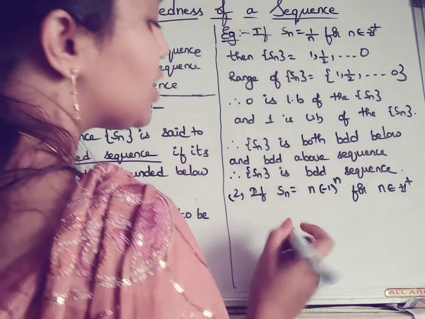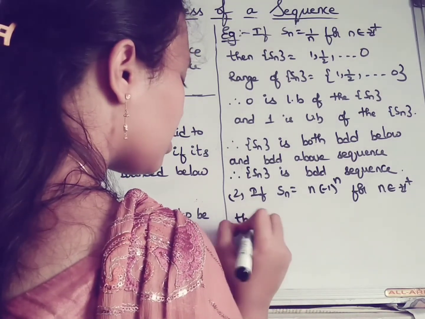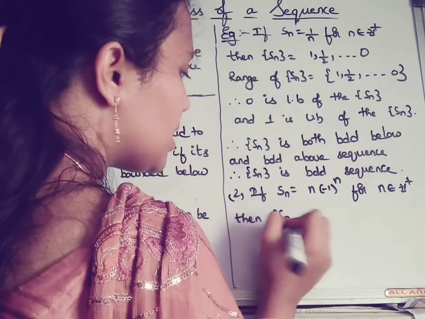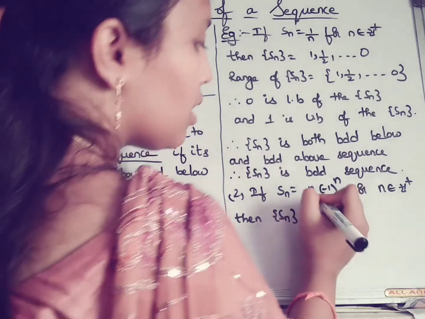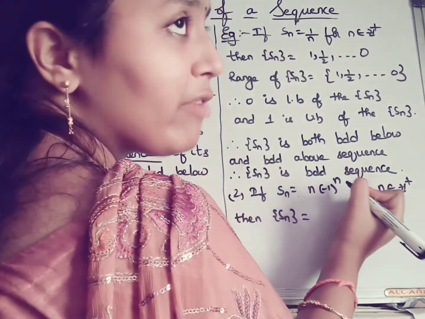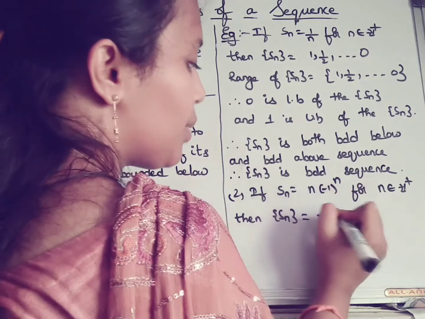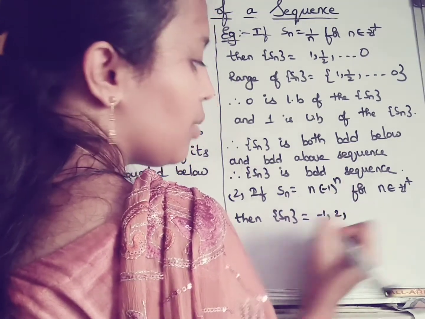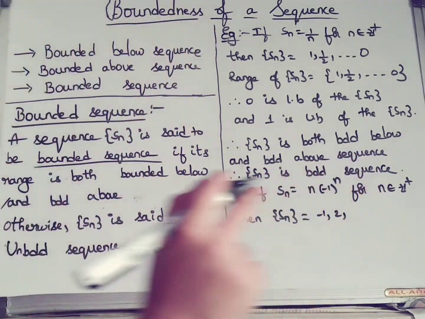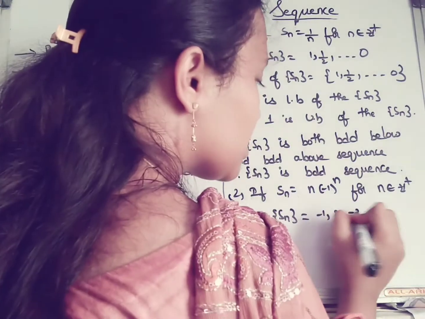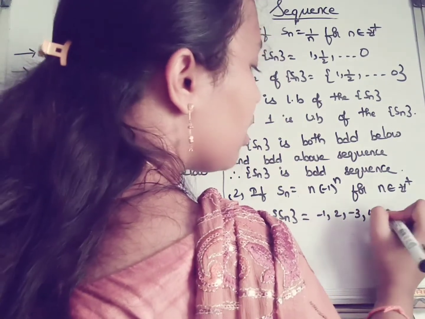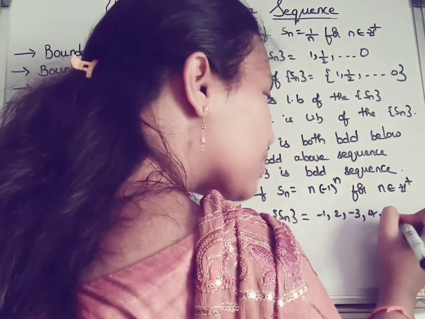Put n equal to 1, then Sn is 1 into minus 1 to the power of 1, minus 1. For n equal to 2, we get a positive sign, minus 1 squared, 2. Next, minus 3, 4, minus 5 and so on.